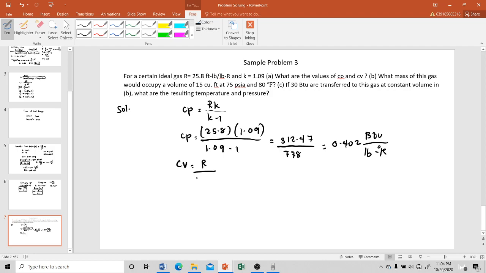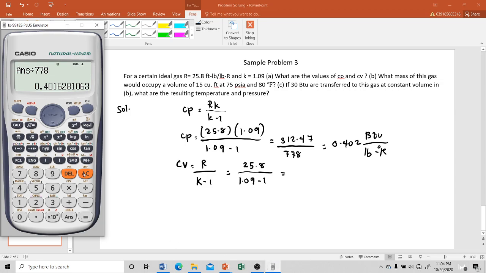we have R over k minus 1. So for R, we have 25.8 over 1.09 minus 1. So 25.8 over 1.09 minus 1, we have 286.667.